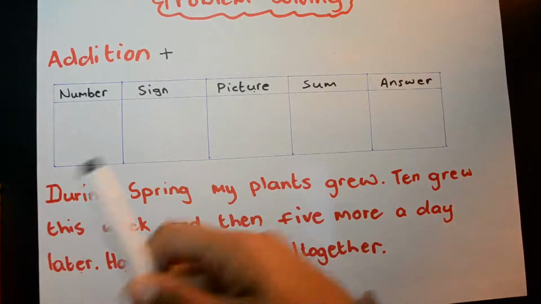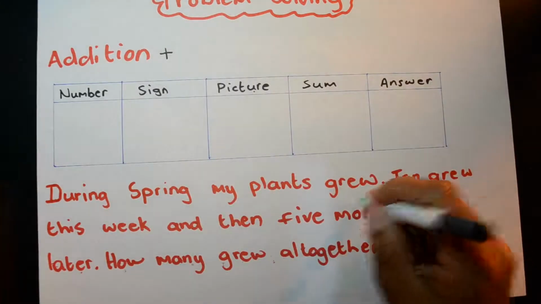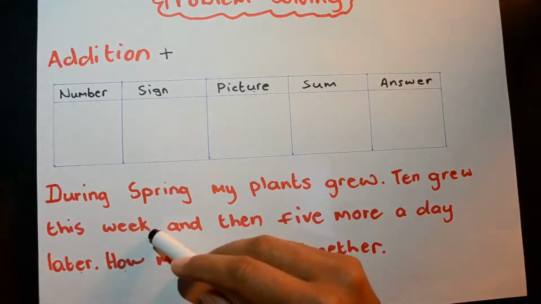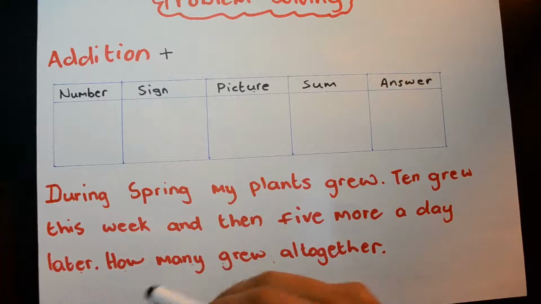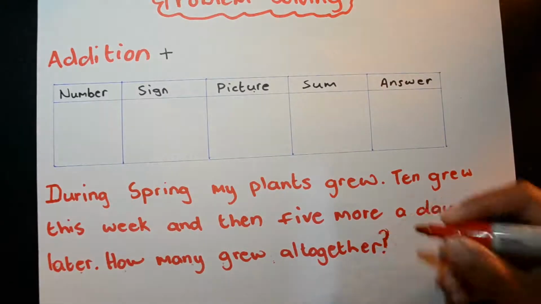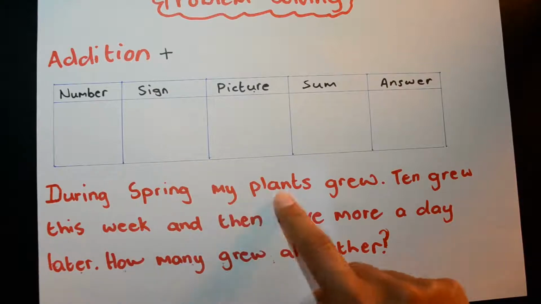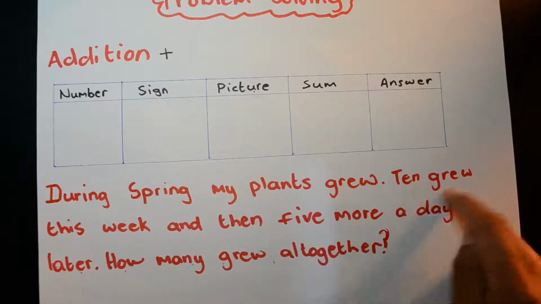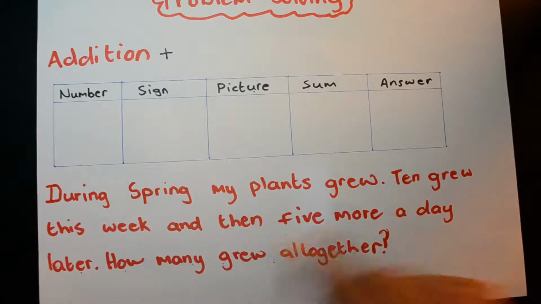Okay, so this one says, during spring my plants grew. 10 grew this week, and then 5 more a day later. How many grew altogether? That's supposed to be a question mark, sorry. Okay, again, during spring my plants grew. 10 grew this week, and then 5 more a day later.